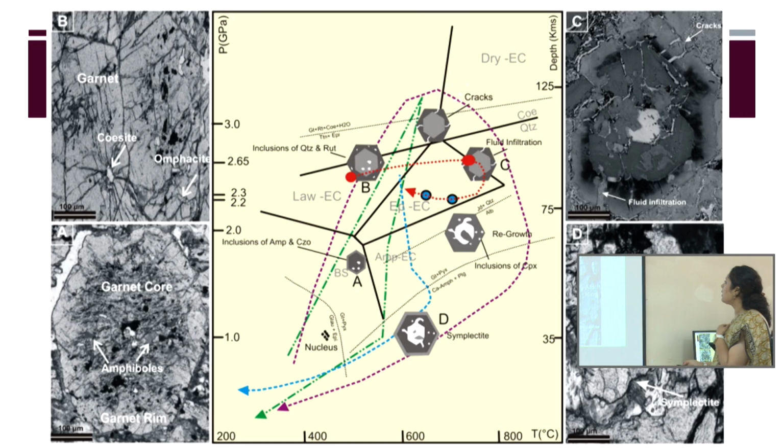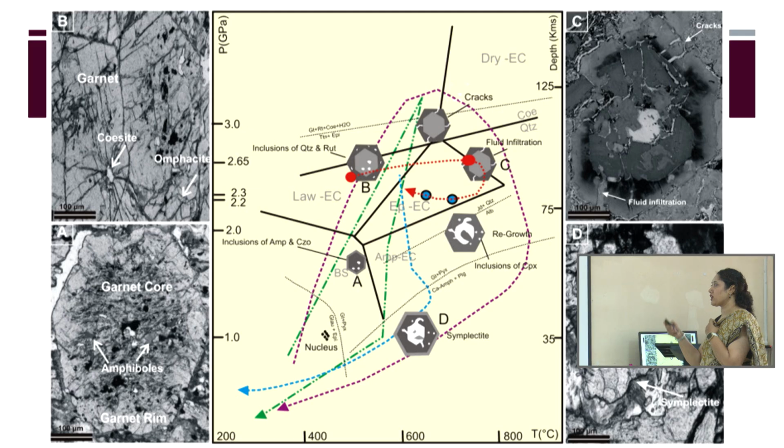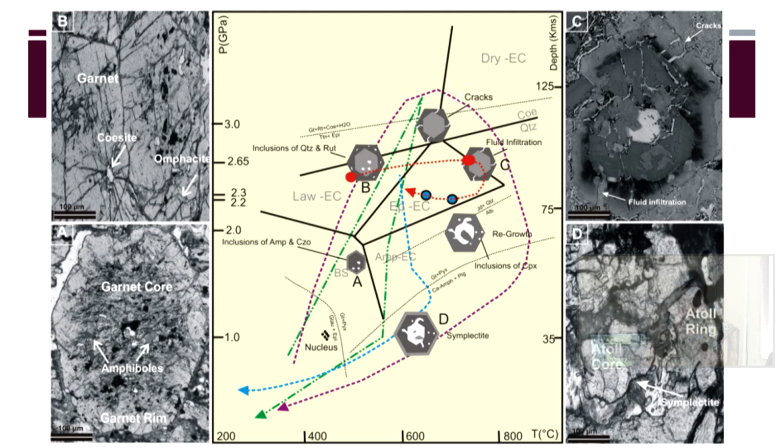Okay? Yes, if you look at this PT path which I showed in the beginning, we try to fit all the petrological data that we generated in this PT path and these are our garnets. Okay?